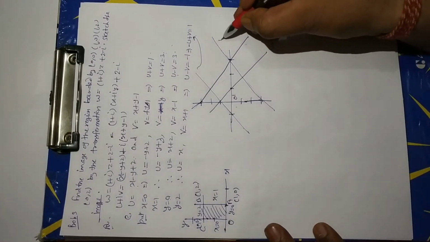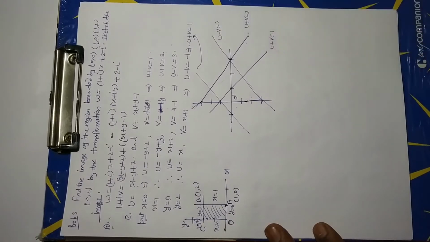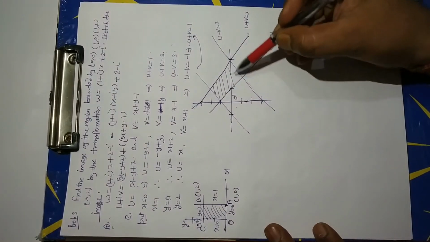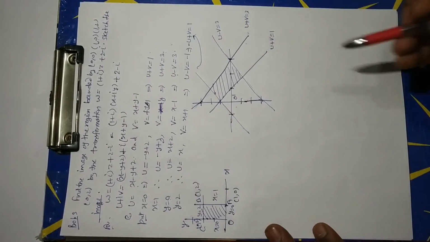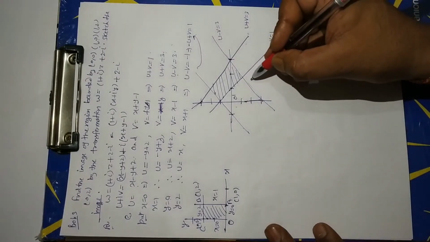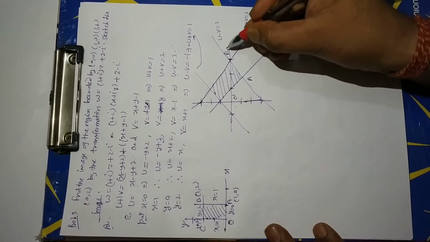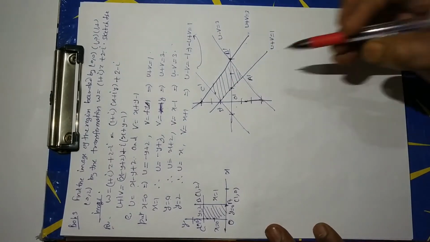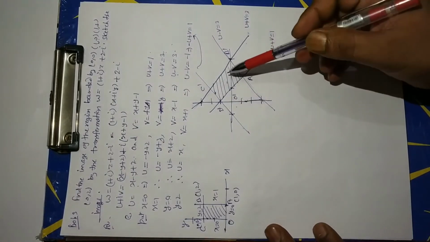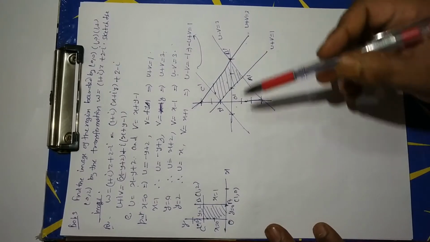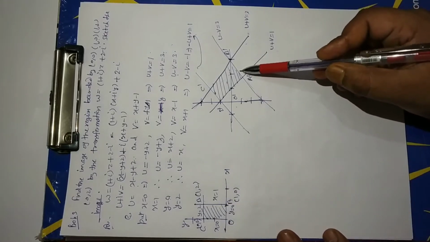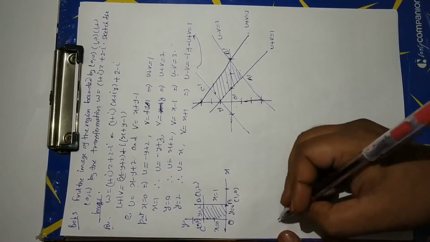This line is u - v is equal to 3. Now the required area: the points can be written as A', B', C', D'. This is the area which is the transformation of the rectangle OABC.